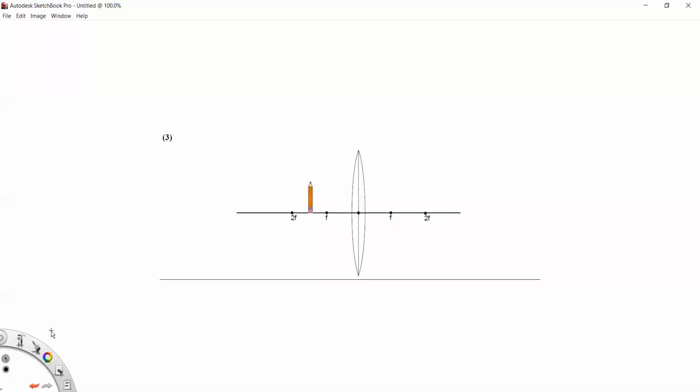Okay, if I start again, I'm sorry, beta, it is taking me too much time because I'm just learning how to use these tools. So a light ray that is parallel to the principal axis should pass through what?